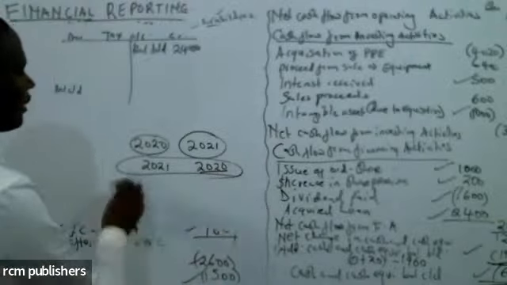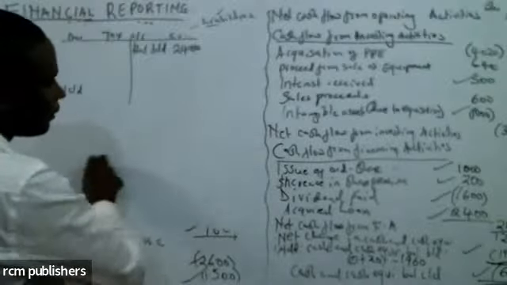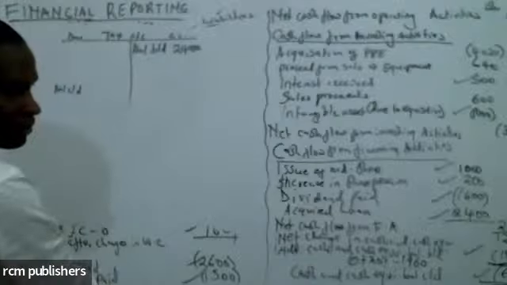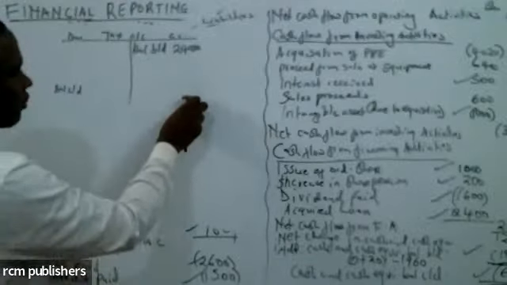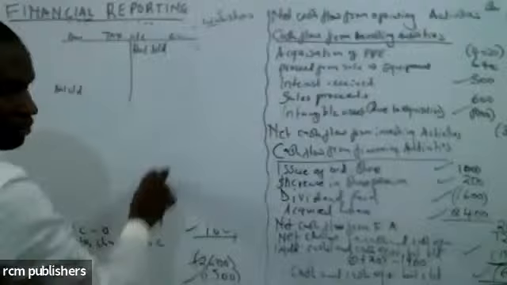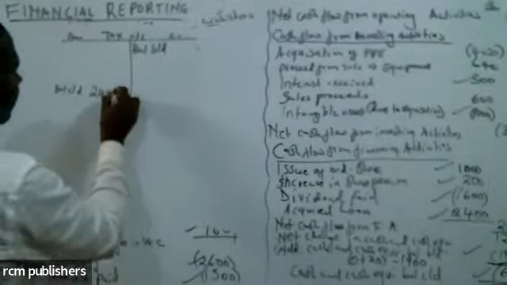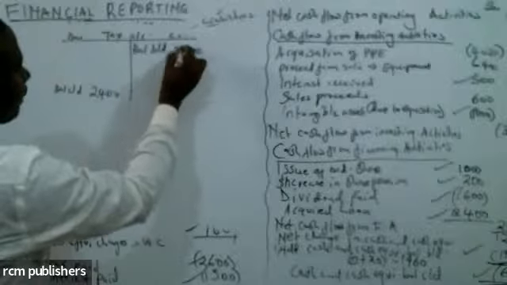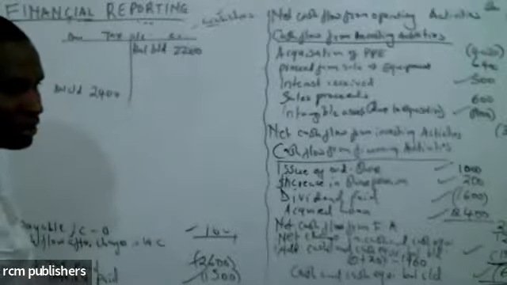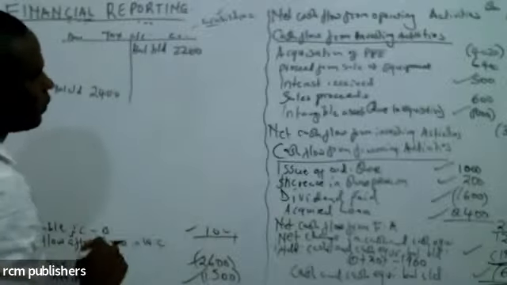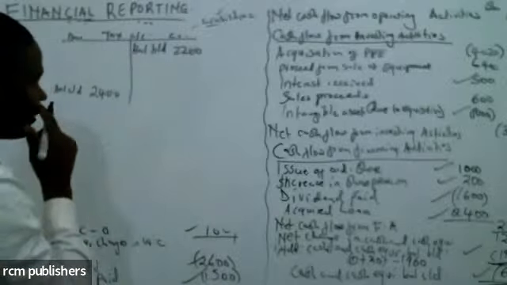Lilian, kindly, can you check year 2020? Okay, so this is 2400 and this is 2200. Be checking up there how the years are arranged.